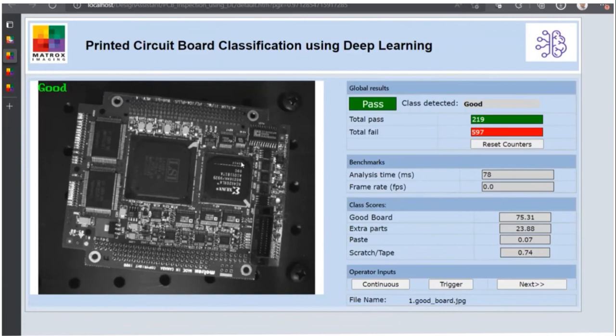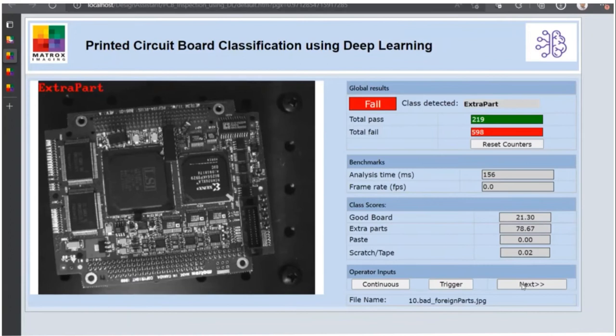In this case, the deploy project and the operator view that we put together show us the part with the highest score, in this case, good board. We annotated that on the image itself. We will then go ahead and load the next image. In this case, we have extra parts.